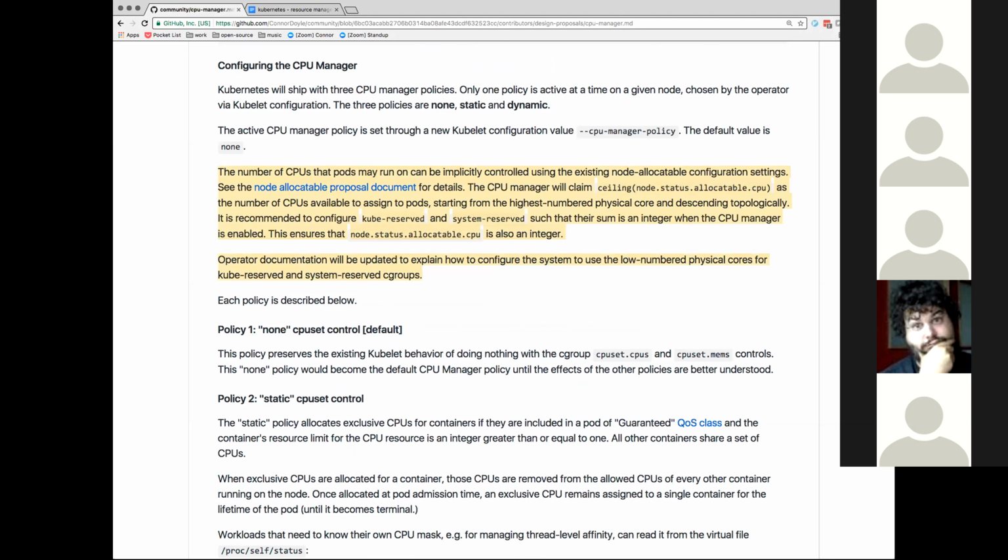Okay. So when we determine the number of CPUs that the CPU manager actually manages for user pods, we start at the high end and work down, so that if you have anything reserved for kube and system, it'll include core 0.